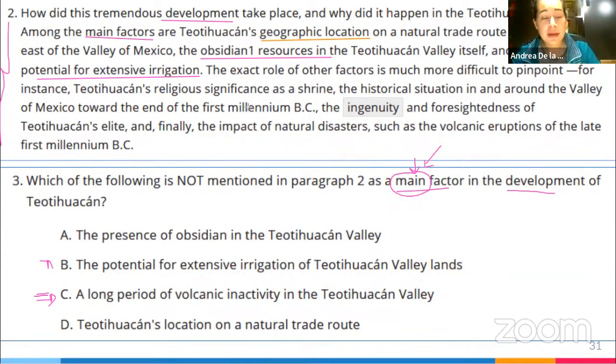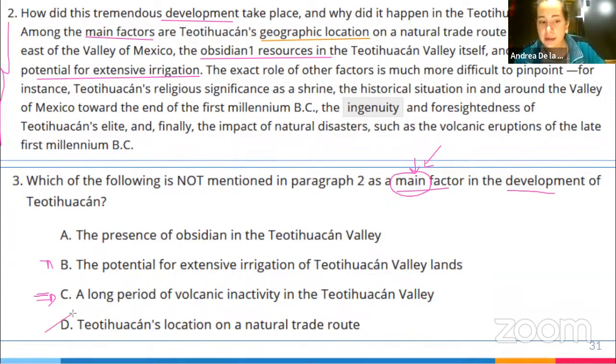Now that you have found the answer, same thing as in the previous one, we go to the options, we compare, and in this case, we eliminate the ones that are true or that are mentioned. Obviously, you need to double check and make sure that you're not getting confused there, right? So for example, geographic location is option D, right?